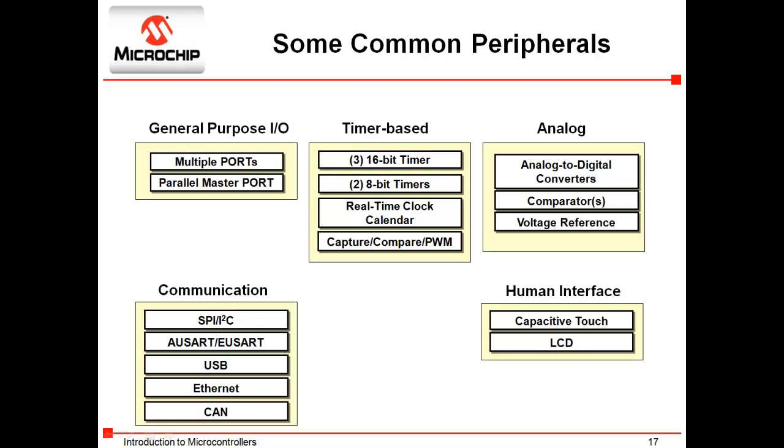Analog peripherals convert analog signals into digital signals. Communication peripherals are designed to make life easier when developing such applications for USB, Ethernet, etc. Other unique peripherals include capacitive touch sensing modules.